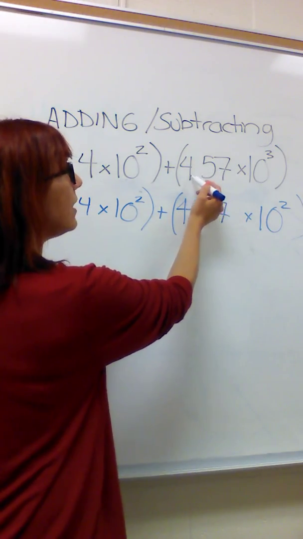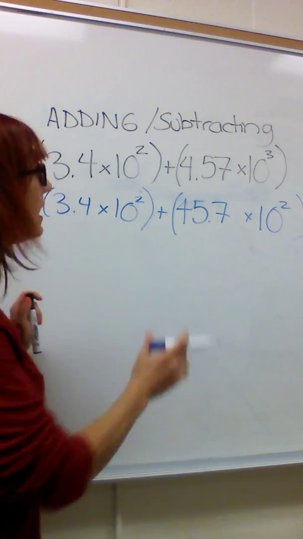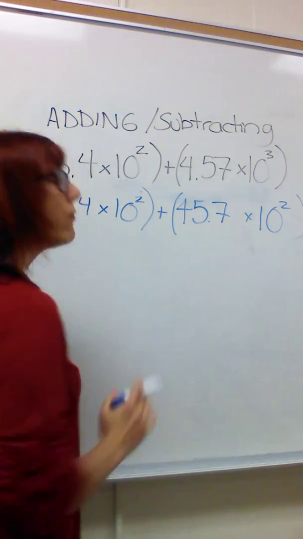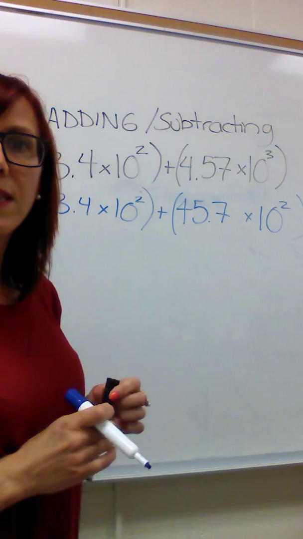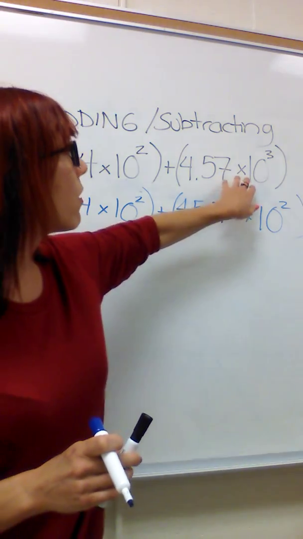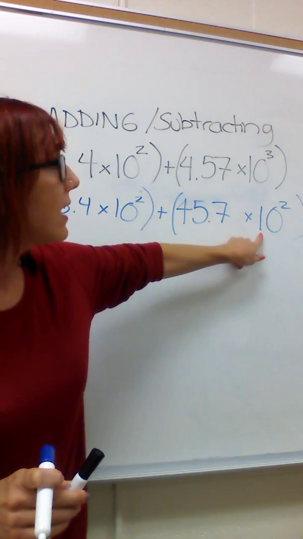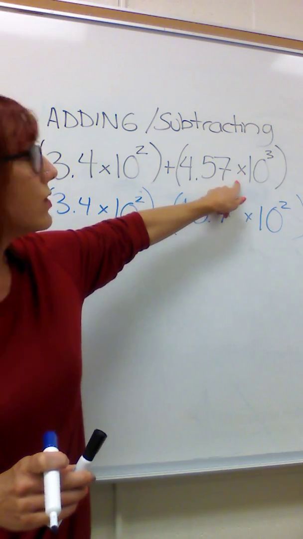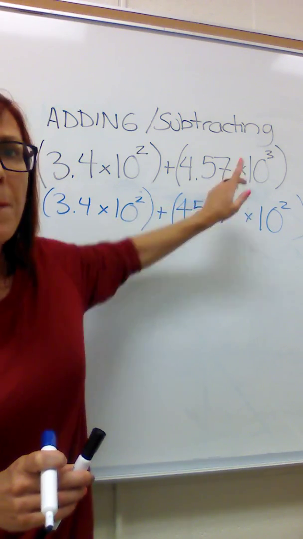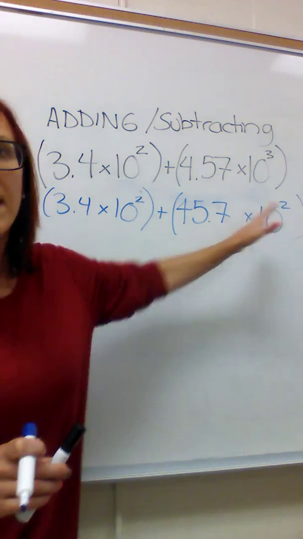So this would be 4,570, and this here would equal 4,570 as well. Therefore, by moving this decimal, we are able to make this number equal to this number here.